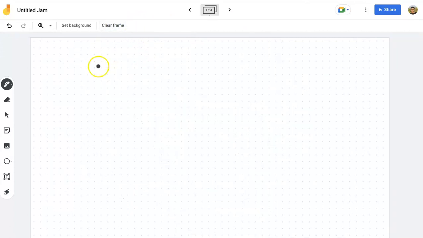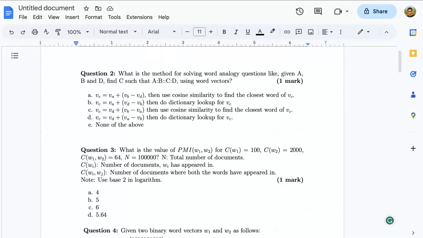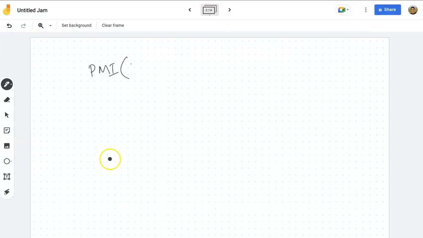So what is the formula of this PMI(W1, W2)?